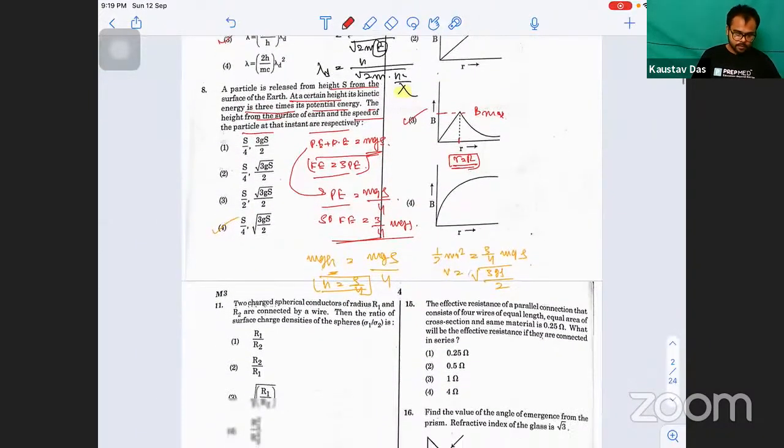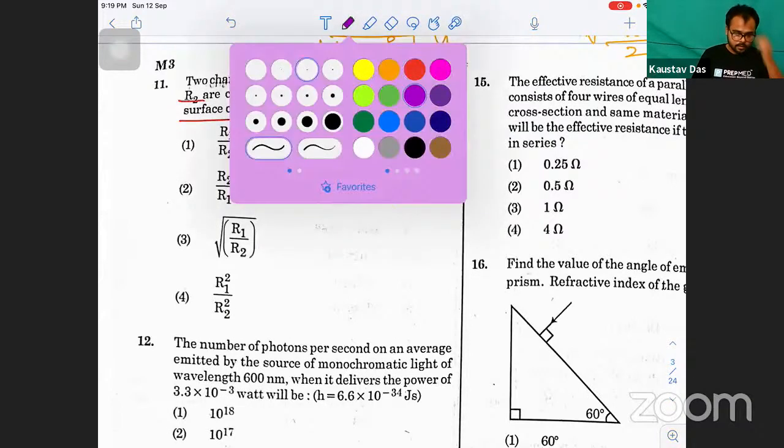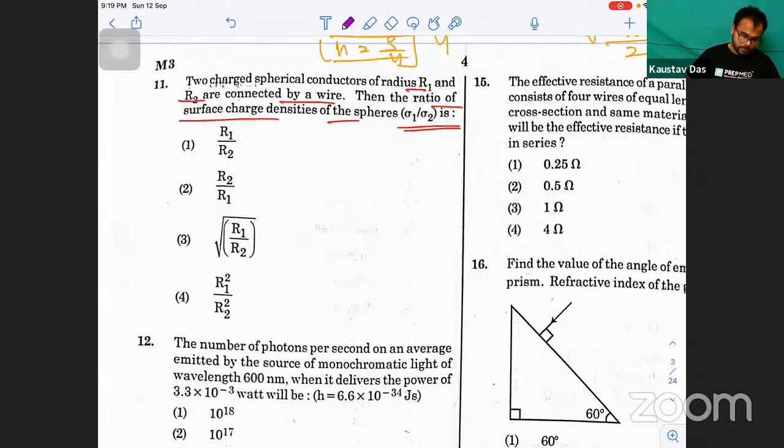In question number 11, we have 2 charged spherical conductors of radius R1 and R2 connected by a wire. Then you have to calculate the ratio of the surface charge densities in the spheres, that is sigma 1 by sigma 2. You know that whenever the 2 spheres are connected, their potential is going to be the same.